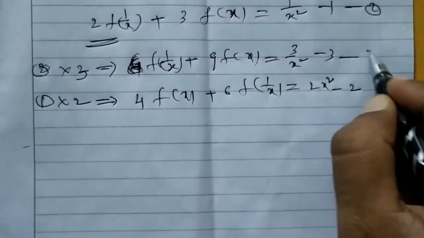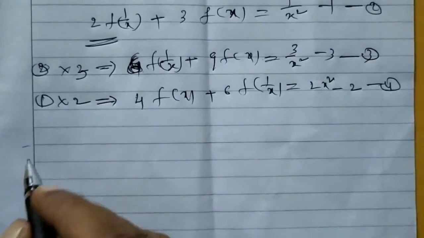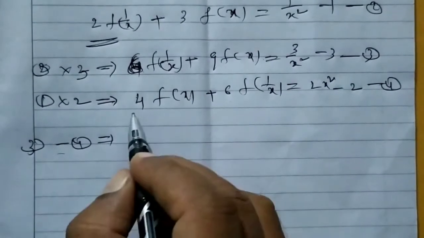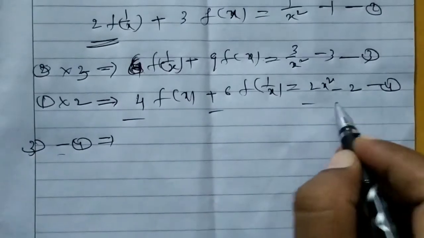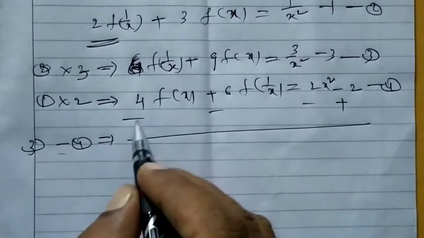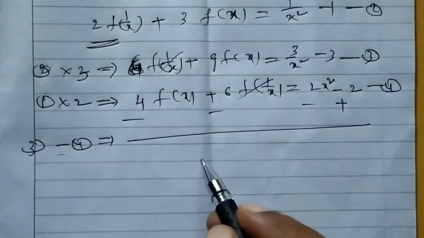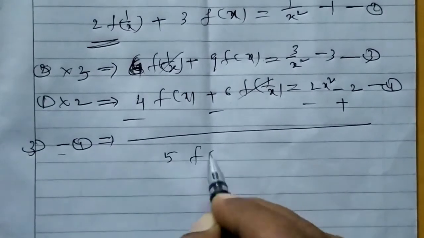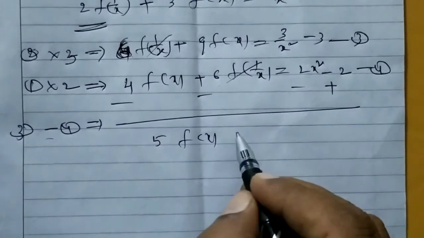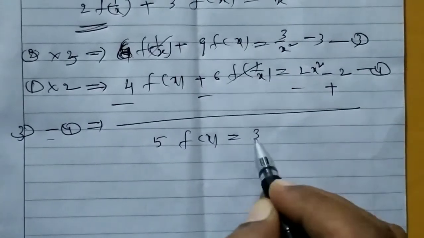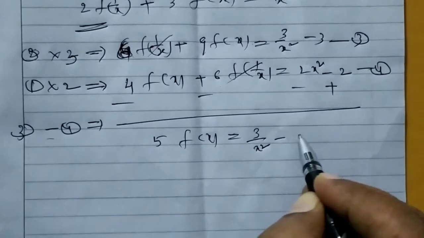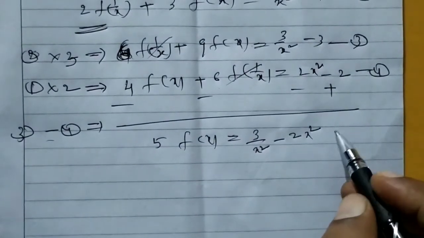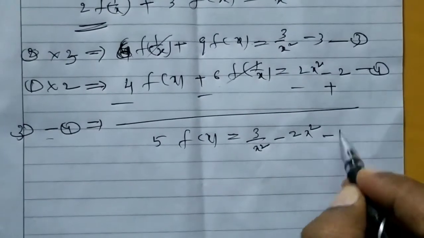So let it be equation 3 and 4. 3 minus 4 implies, 3 minus 4 changes the symbols, plus what we get, f of 1 by x terms cancelled, 9 minus 4, 5 into f of x. 5 into f of x is equal to 3 by x square minus 2 by x square, 2x square plus 3 minus 3 plus 2 minus 1.